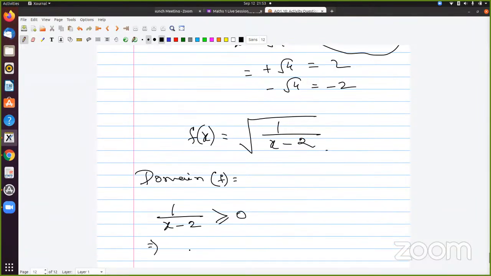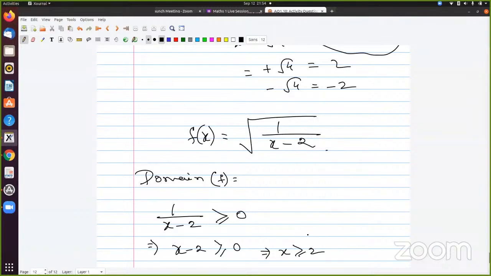What does it mean? x minus 2 should be greater than or equal to 0. So all x greater than or equal to 2.